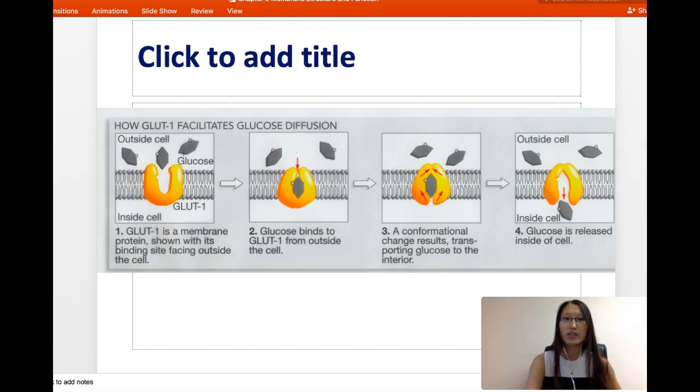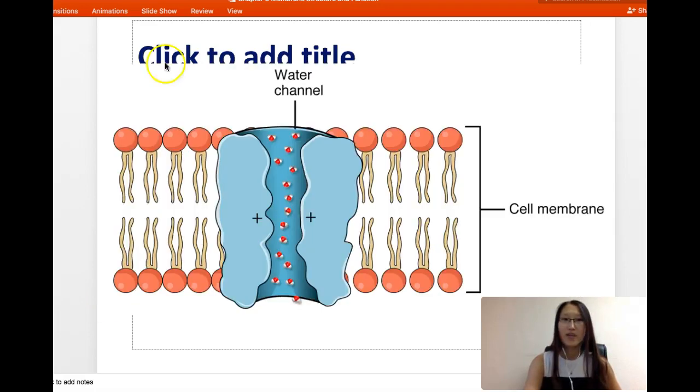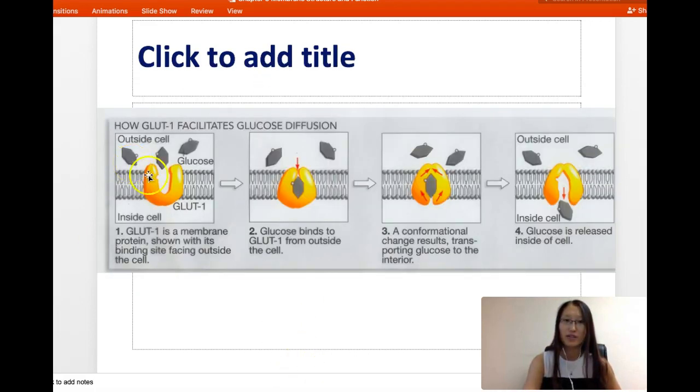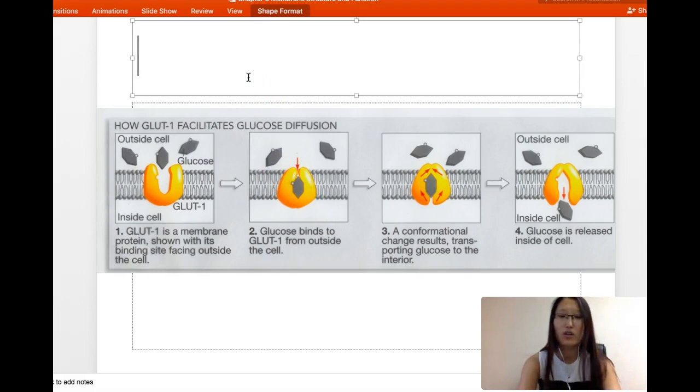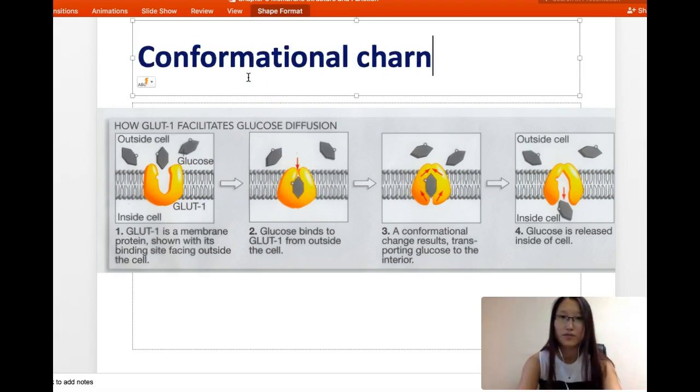The next one is called a carrier protein. Instead of having a channel that's completely open to both sides of the cell membrane, the carrier protein opens up to one side of the cell, and then when the molecule that's supposed to be transported is bound to this protein, the carrier protein will go through something called a conformational change.